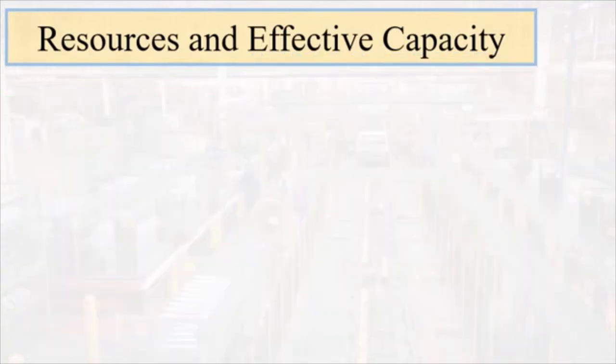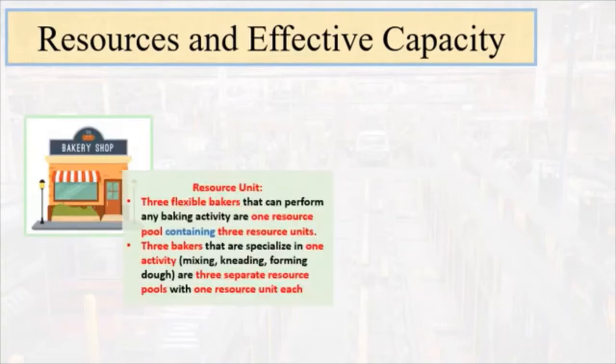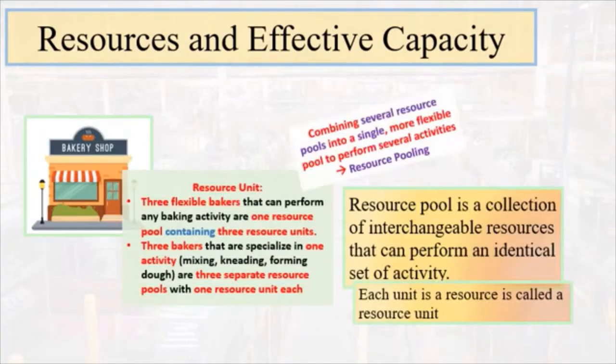Now, it's very important for us to understand that combining several resource pools into a single resource pool is a very powerful tool. It's called resource pooling, and it can affect process flow measures in a positive way, or improve process flow measures.